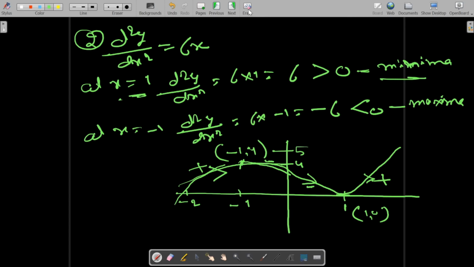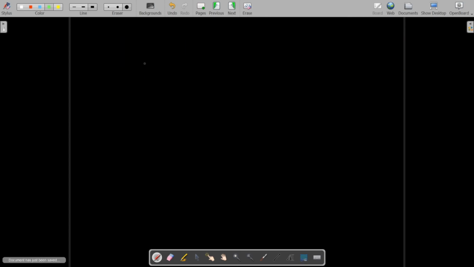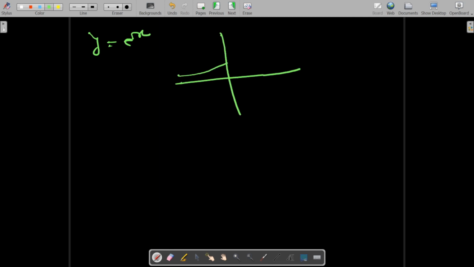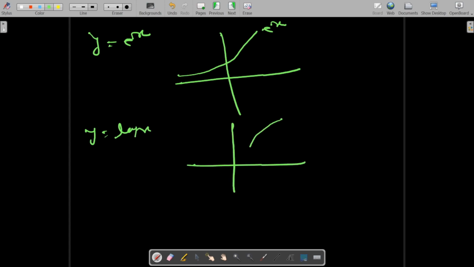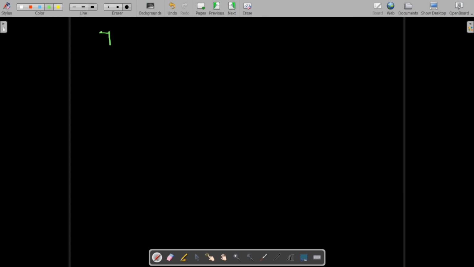Let's see a couple of graphs to understand. y equal to e to the x, the graph of y equal to e to the x is nothing but this. Then y equal to log x, the graph of log x is nothing but this. And the graph of y equal to sin x, with range minus 1 to 1.